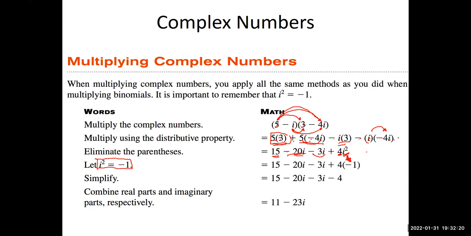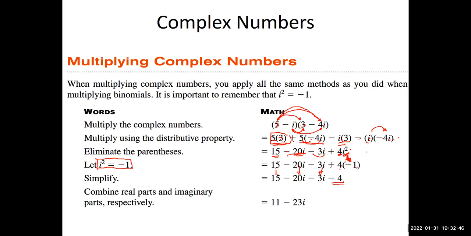Okay? So, that will leave us 15, negative 20i, negative 3i. Dati, positive 4i squared. Since i squared is negative 1, so that will now be 4 multiplied by negative 1. So, bibigyan na lang tayo ng negative 4.